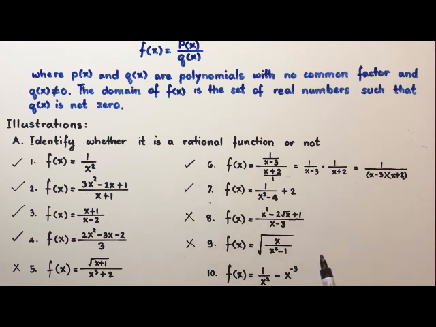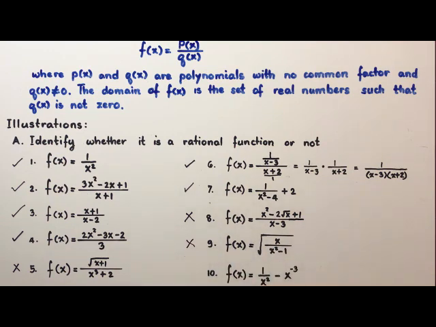And if you apply the laws of exponents, the exponent of x is 1/2. Since the exponent is not an integer but a fraction 1/2, it fails to be a polynomial. So therefore, this is not a ratio of two polynomials. Hence, this is not an example of a rational function.